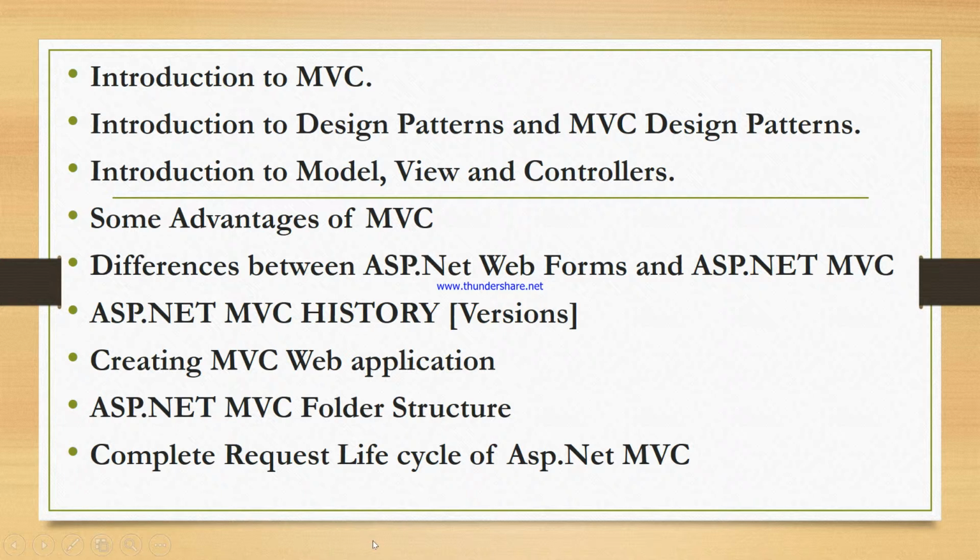We should know the default MVC folder structure. And the complete request life cycle, how the request comes from the end user and how it goes, right? The routing concepts, action results, all these things, we should learn the complete life cycle of ASP.NET MVC.